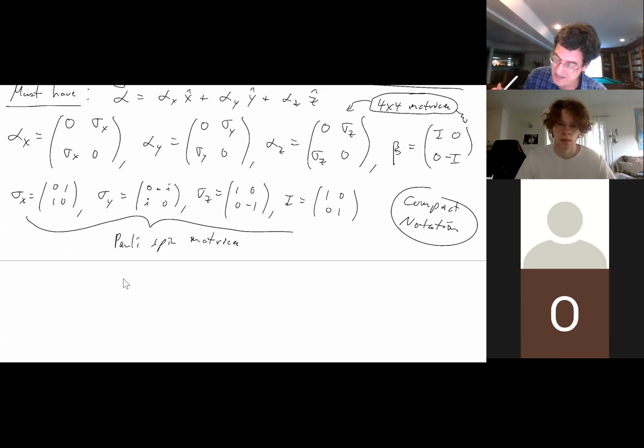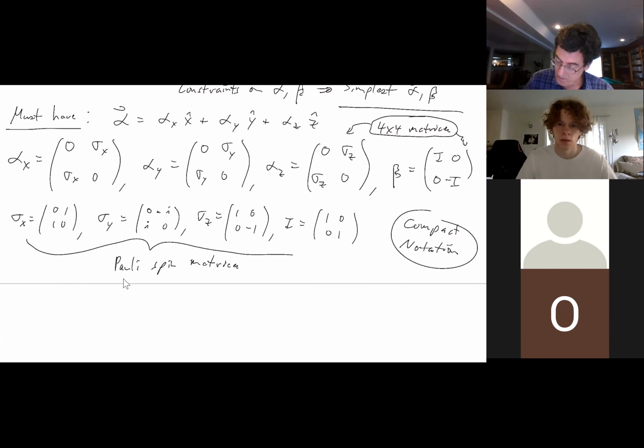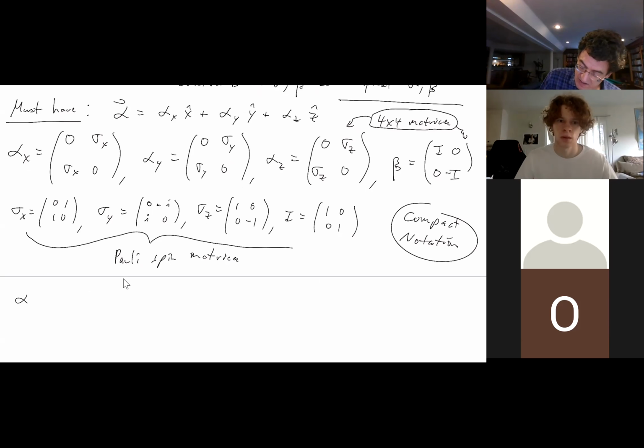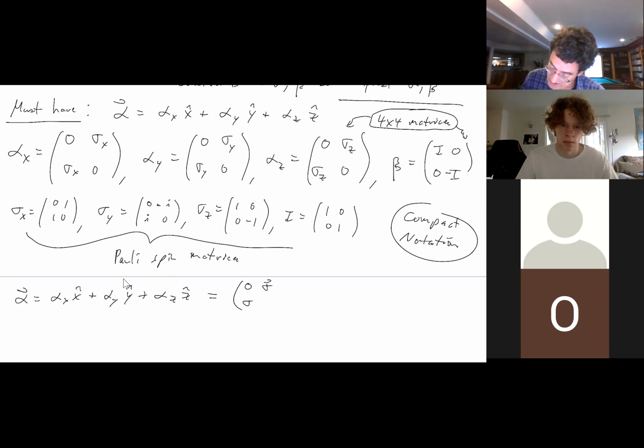And using this compact notation, we could even say this. We have alpha is equal to alpha x hat plus alpha y hat plus alpha z hat. But we could even write this like this. We could write it as 0 sigma vector 0, right?